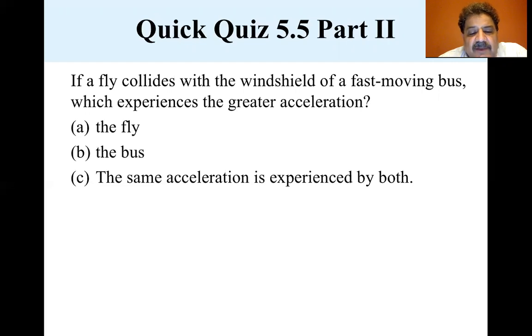If a fly collides with the windshield of a fast-moving bus, which experiences the greater acceleration? The fly, the bus, or the same acceleration is experienced by both. Remember, force is equal to mass times acceleration.